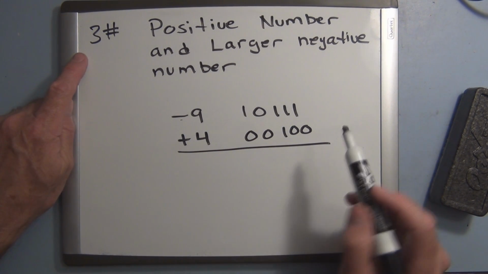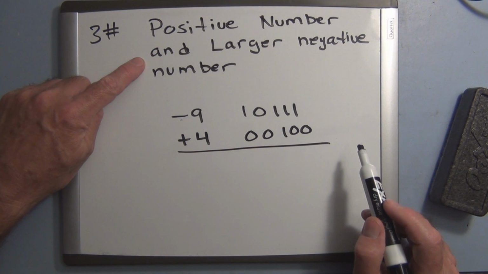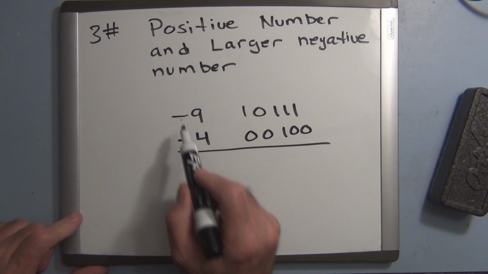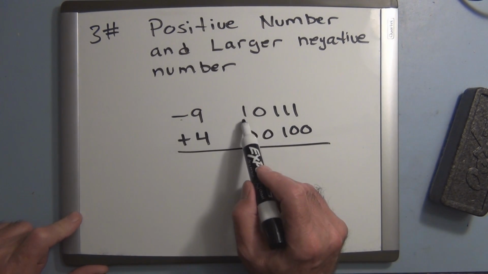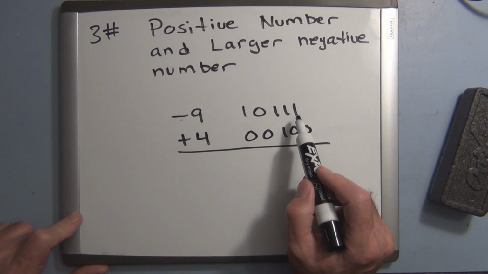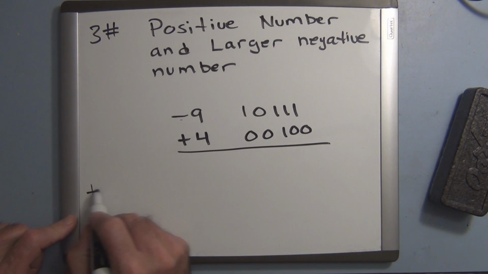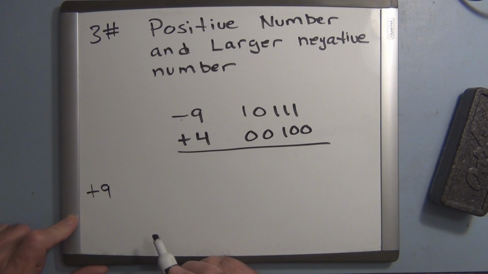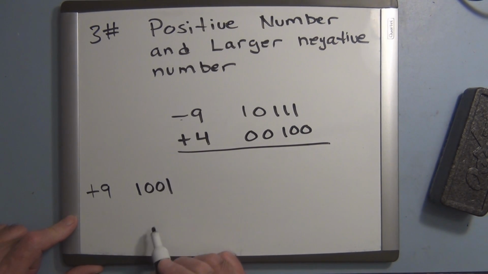And in the third case, we have a positive number and a larger negative number being added together. So here we have a negative 9, which indicates that this binary number is in the 2's complement form of plus 9. We know that plus 9 in its binary representation is 1, 0, 0, 1.